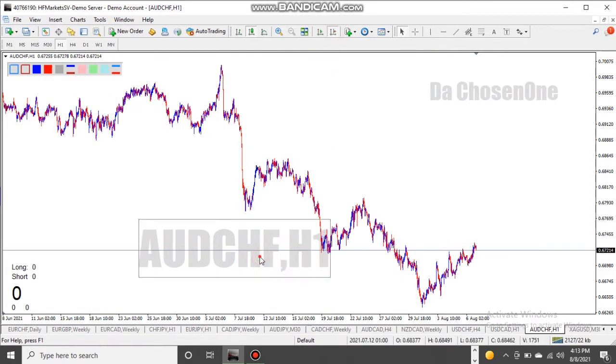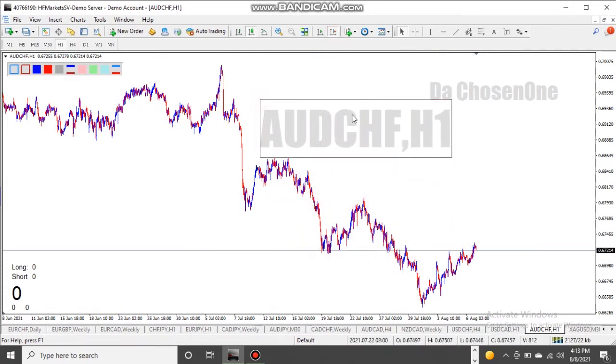With AUDCHF, I'm a bit skeptical about this trade, but let's just check it out. As you can see, price was held at this FTR. It was held at an FTR, so it's an SDP now, and this is our SDE.